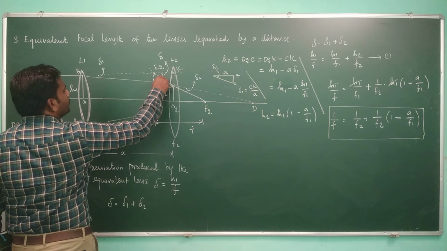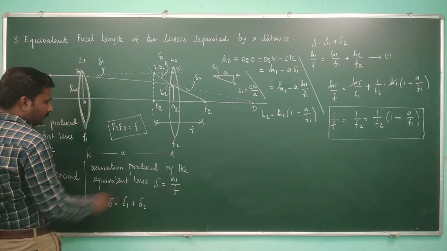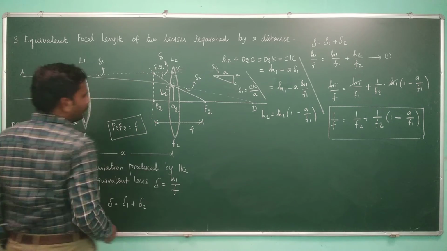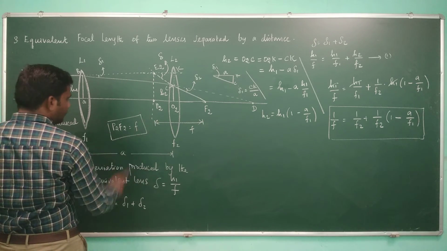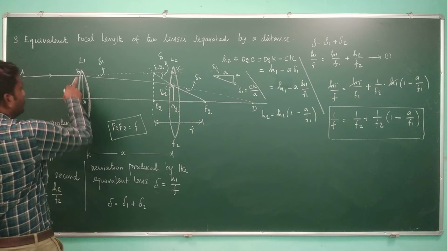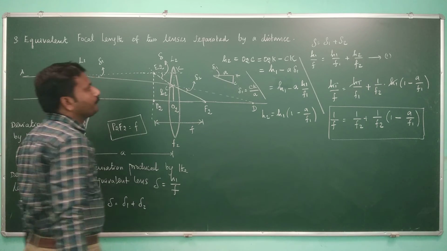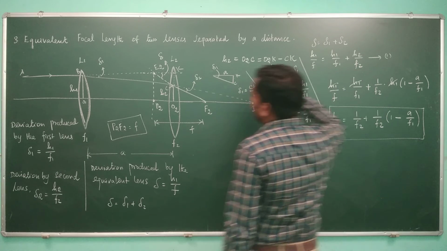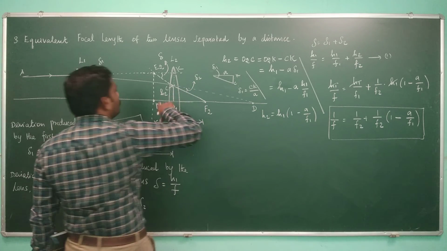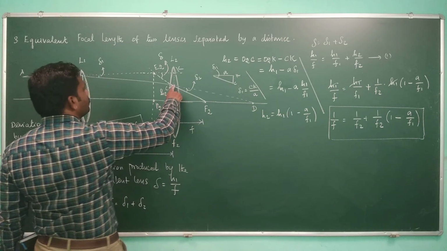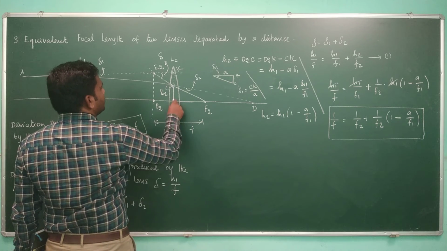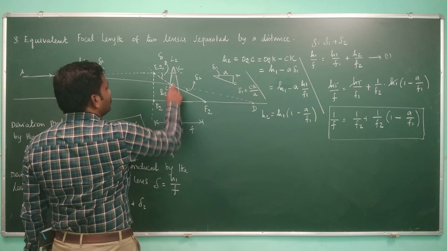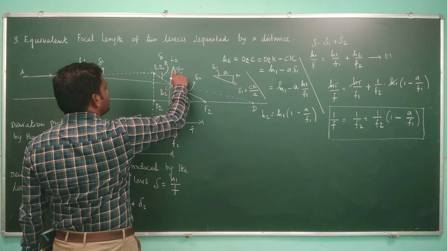Now we can write the deviation produced by this equivalent lens system. So this deviation is written as delta, that is h1, this height, by f, this f, right? But this delta is the summation of delta 1 plus delta 2. So delta 1 is h1 by f1, delta 2 is h2 by f2, but h2 is unknown. In order to calculate h2, we are considering this height, that is O2C, h2 is O2C, which is equal to O2k minus this term ck.